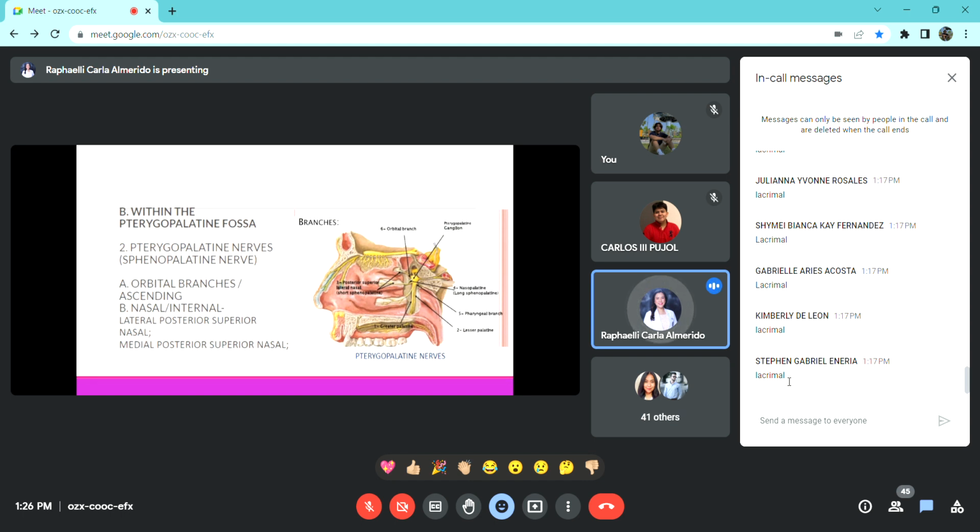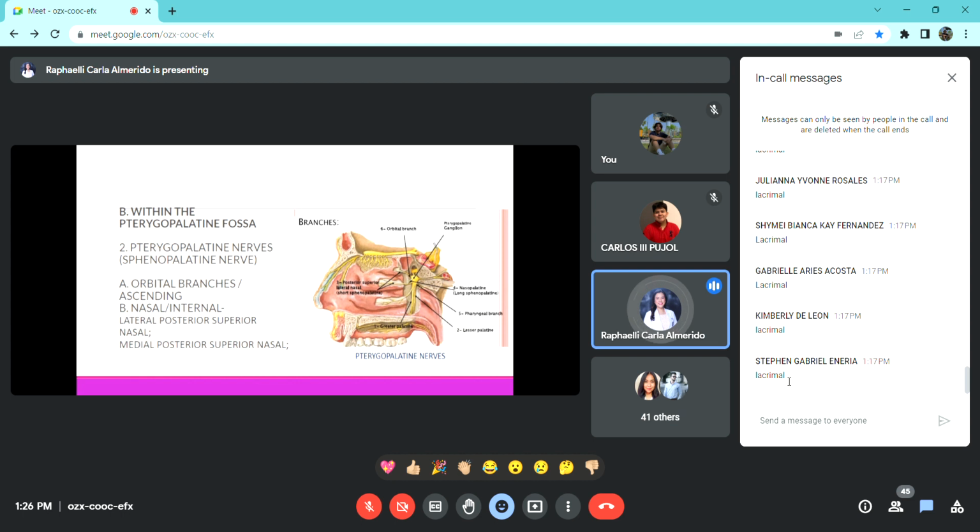So it has different branches. We said a ganglion is like a meeting point of different nerves, so it also has many branches. First branch is your orbital or ascending branch. The second branch is your nasal or internal branch.